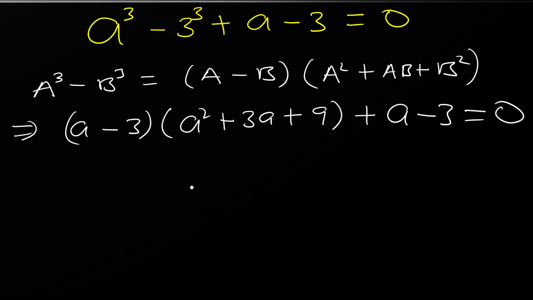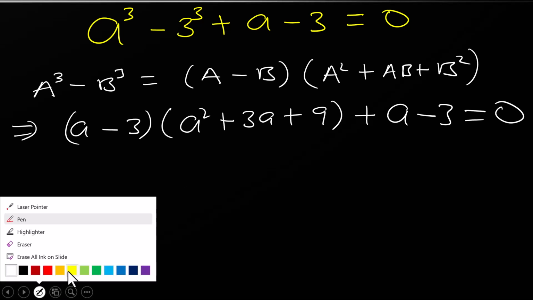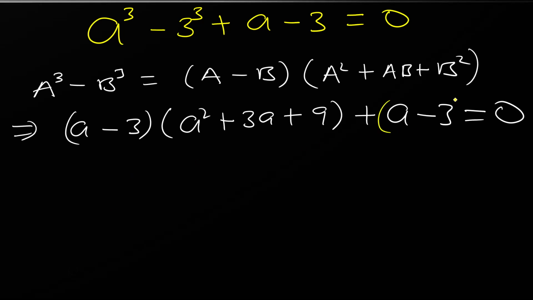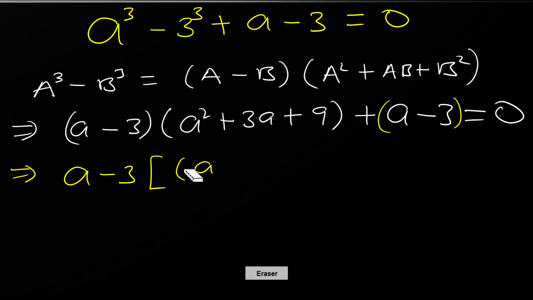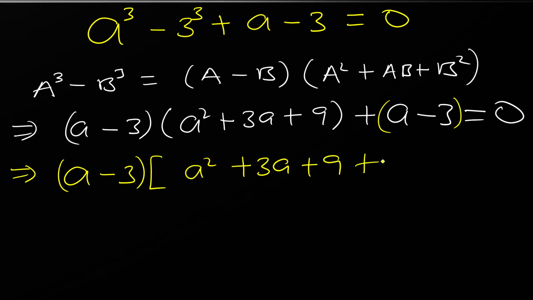Now we can factorize a minus 3 out. So let's do that. a minus 3, and I will leave a squared here plus 3a plus 9 plus 1, because after taking this out, 1 will be the only number left since I factorized a minus 3 out.